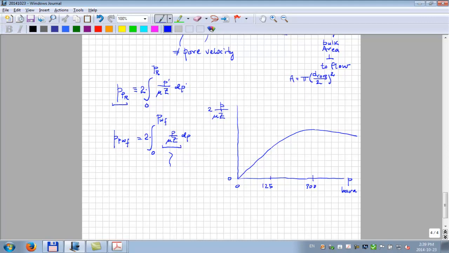Every gas in the world looks like this. It might be a little higher, a little shifted to the right or left, but it's going to look like this. And this is effectively density over viscosity. That's what that term is expressing. Density over viscosity.